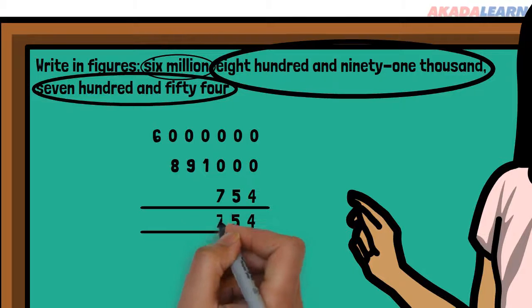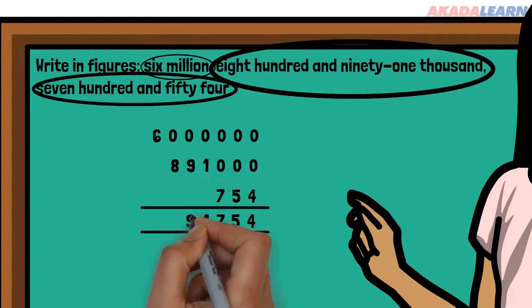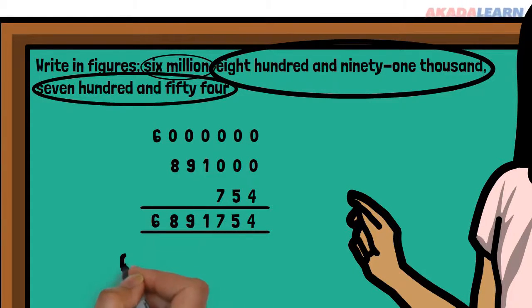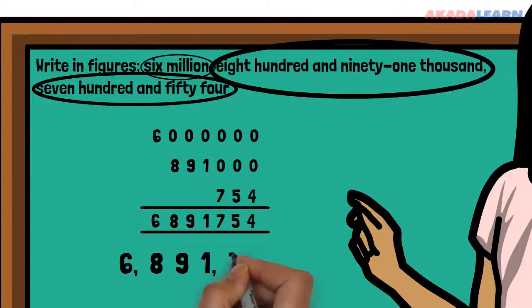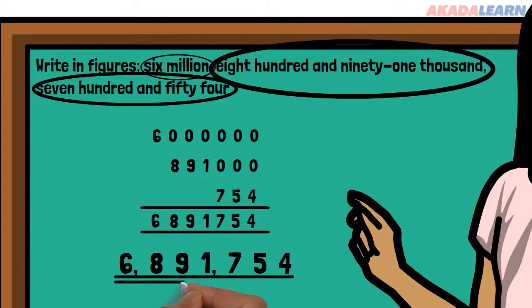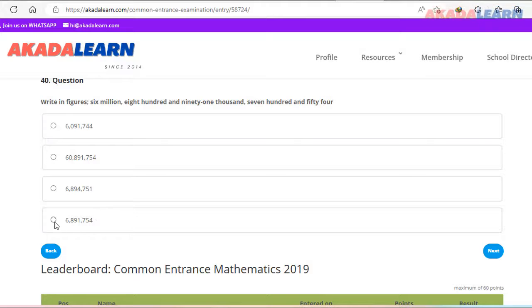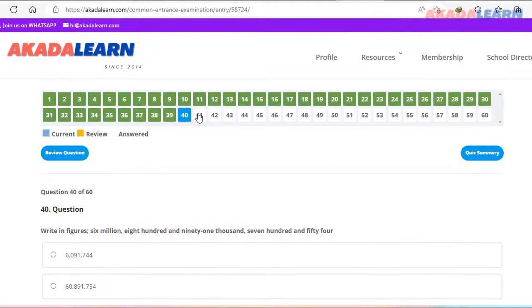That's how we write in figures 6,891,754, which is the correct answer. And so the answer, of course, is this: 6,891,754. So the next question, question 41.